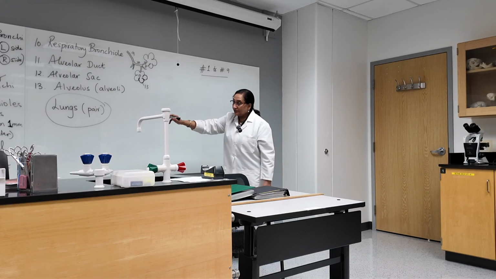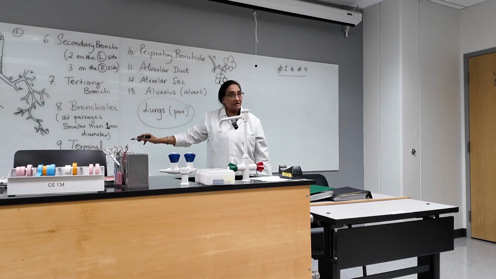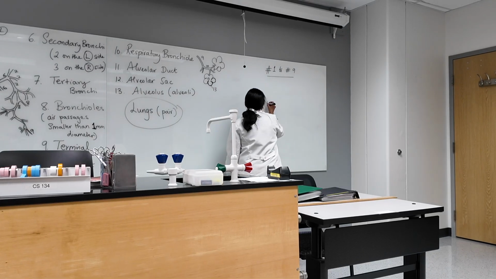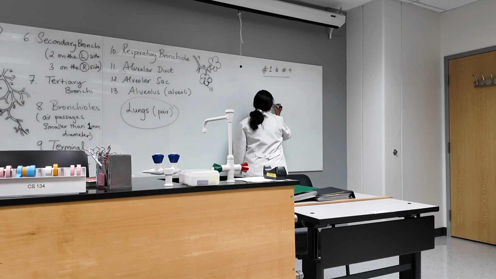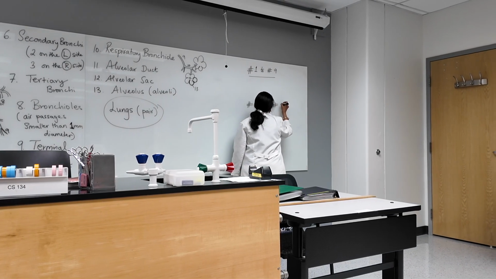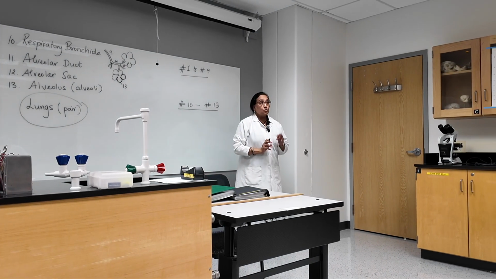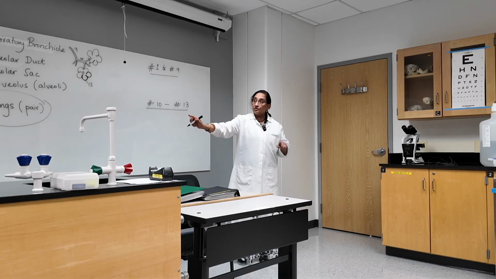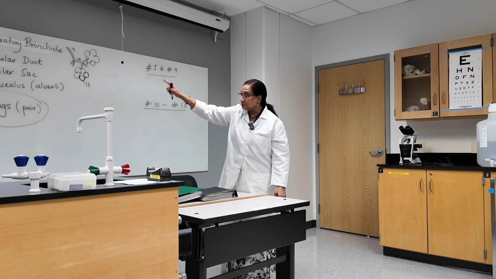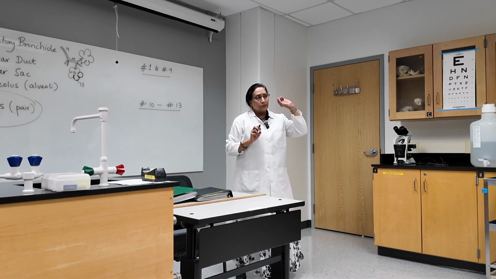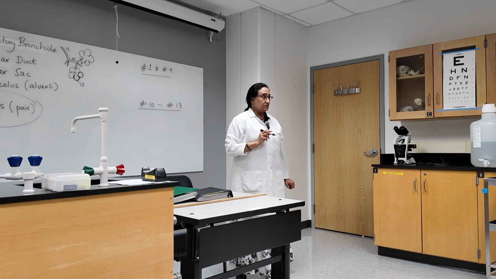So I have separated it out, number 1 to number 9, and then number 10 to number 13. Number 1 to number 9, that is from the nose and the nostrils all the way to the terminal bronchiole, the tiniest passage.